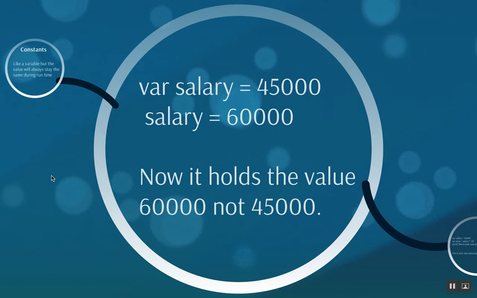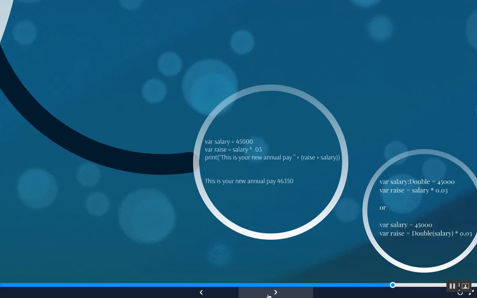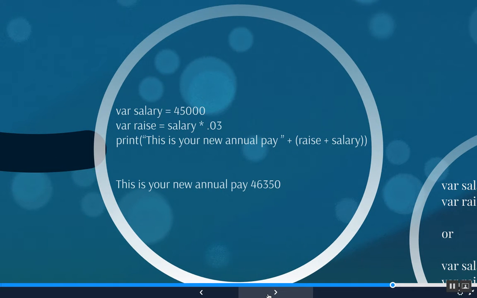You can assign the variable salary the value of 45,000 and then later assign the same variable a different value of 60,000. So now the variable called salary will hold 60,000, not 45,000. You could use that variable in other calculations and refer to it by name, and it will work as if the value that it holds was being used.